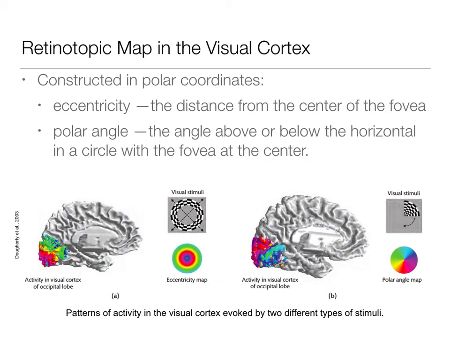A map of campus is a representation of the actual campus. The idea, and why it gets the name map, is that the map you get in the cortex of where things are is a representation of them in the visual field. And because it works that way, it's because of the representation in the retina.